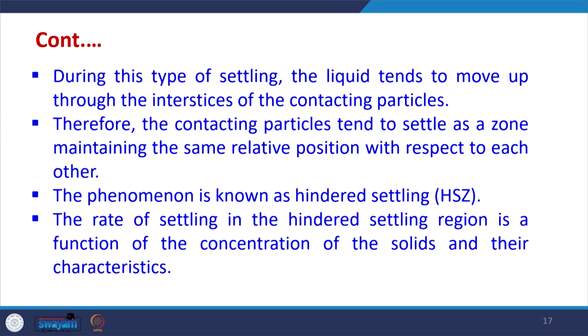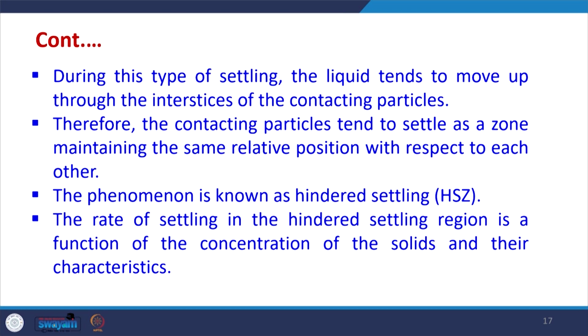During this type of settling, the liquid tends to move up through the interstices of contacting particles. Therefore, the contacting particles tend to settle as a zone, maintaining the same relative position with respect to each other.